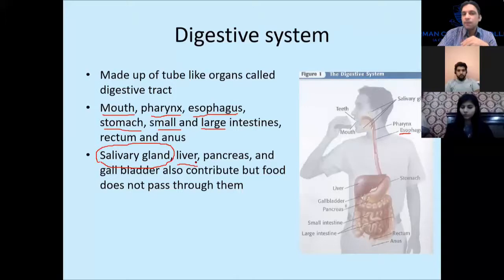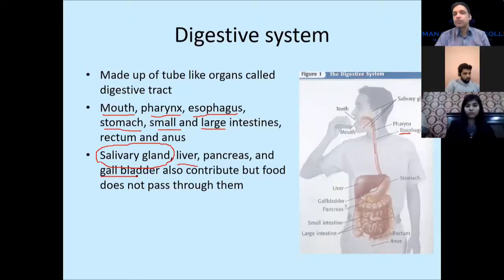And then that bile is stored in a chamber called the gallbladder. And then from there, with the help of a duct, all that chemical is poured into the digestive system. We will see these things in detail. I'm just introducing them.